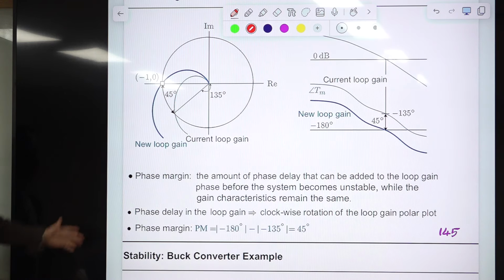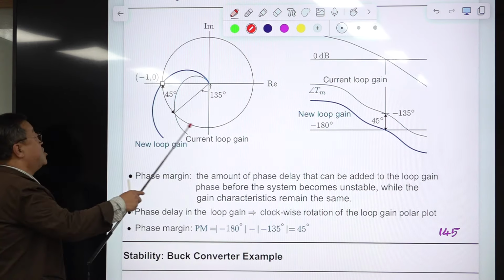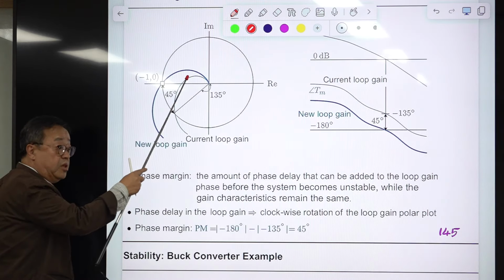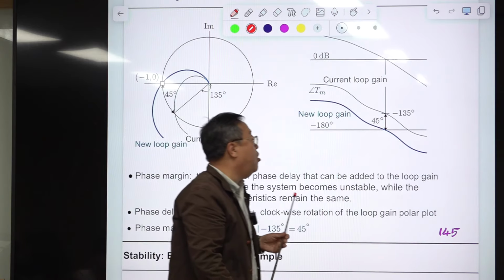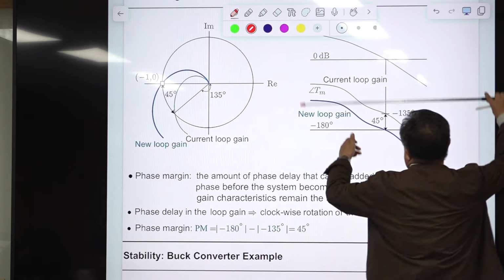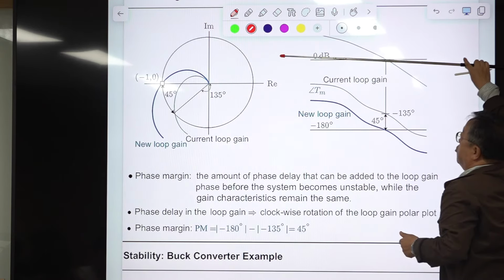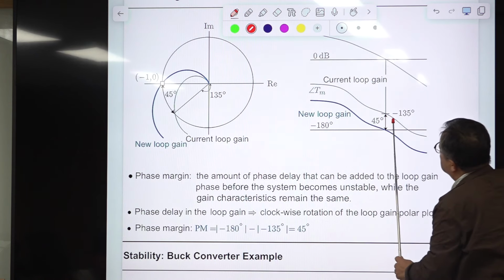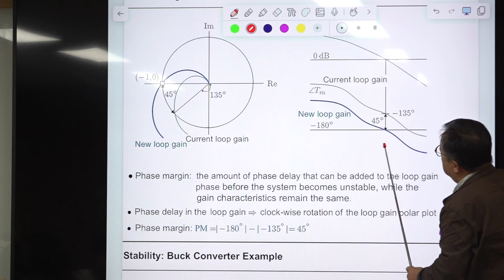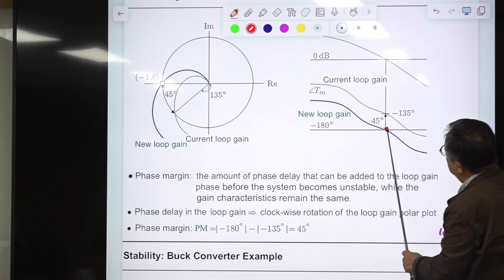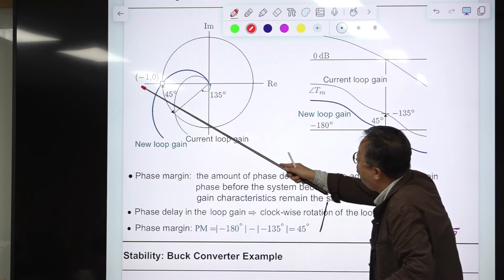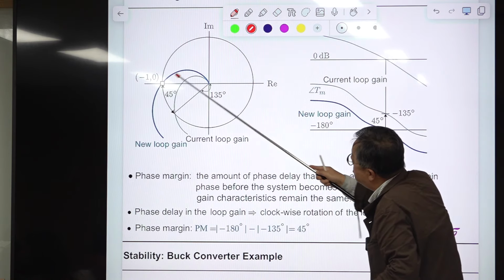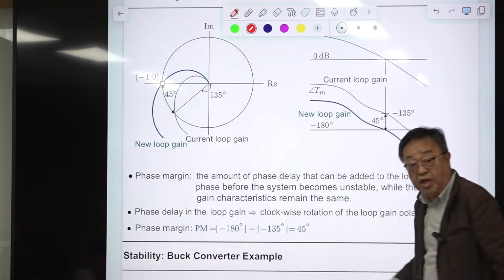So when evaluating this, you should watch this unit circle crossing point, and in the Bode plot, you should take a look at this point, the 0 dB crossover point. At that frequency, if the phase is less than this, that is, more negative than this, that means the unit circle passes like this and is already unstable.